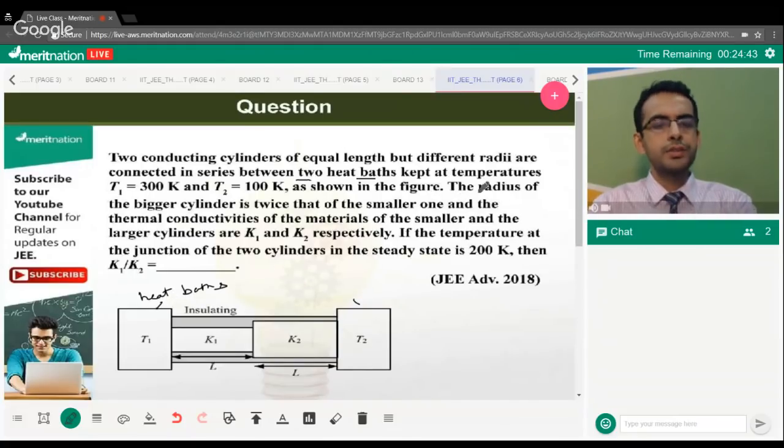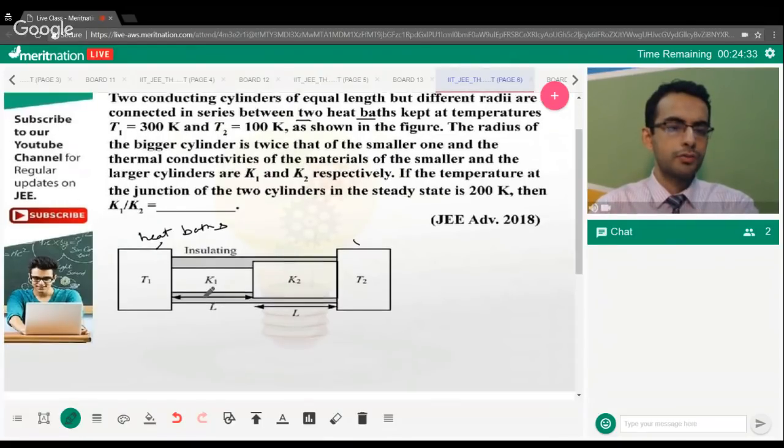The radius of the bigger cylinder is twice that of the smaller one. Let's take the radius of the smaller one to be small r, and the other one will have 2 into small r as a radius.